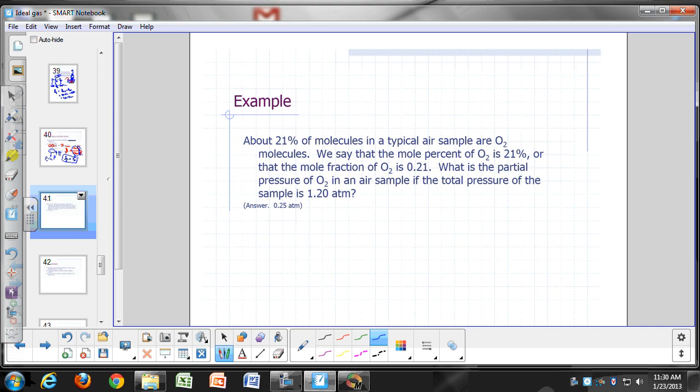21% of molecules in a typical air sample are O2 molecules. We say that the mole percent of O2 is 21%, or the mole fraction of O2 is 0.21. What's the partial pressure of O2 in the air sample, if its total pressure is 1.20 atmosphere? How would you do that? Partial pressure of O2 is equal to the mole fraction of O2 times the total pressure.